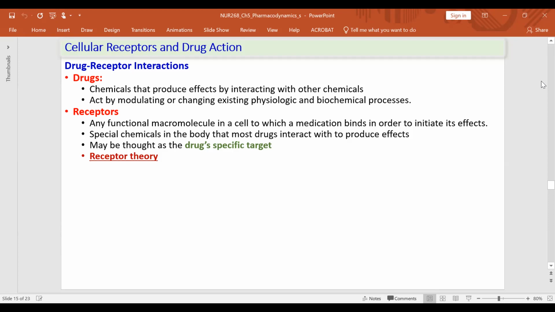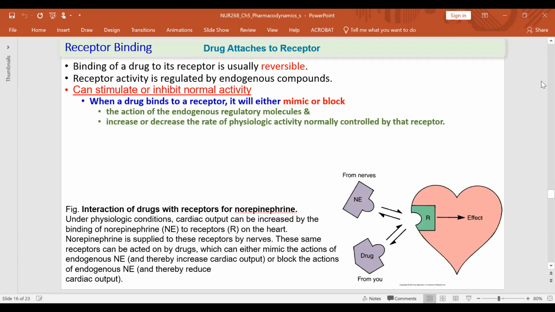Dose and drug receptor interactions. Receptors. The receptor theory predicts that the response of the drug is proportional to the concentration of receptors that are bound or occupied by the drug. Technically, receptors can include enzymes, ribosomes, and others.